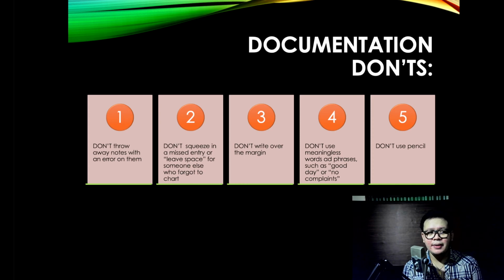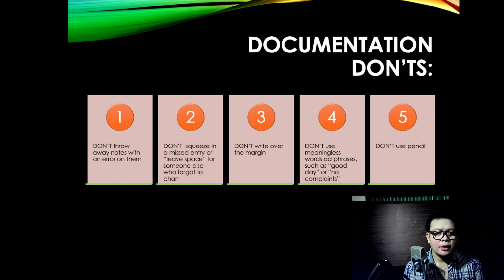If it's really a big error, like you wrote it on the wrong page, we have to put a single line on each line of your entry and then proceed to the next line. It should be the intended paper where you write your nurse's notes.